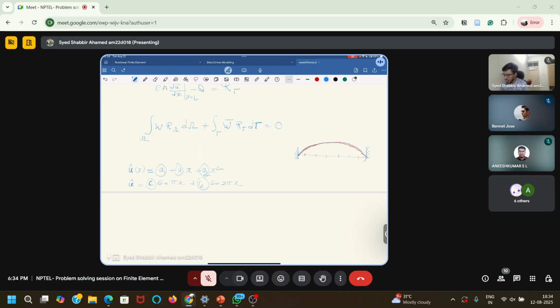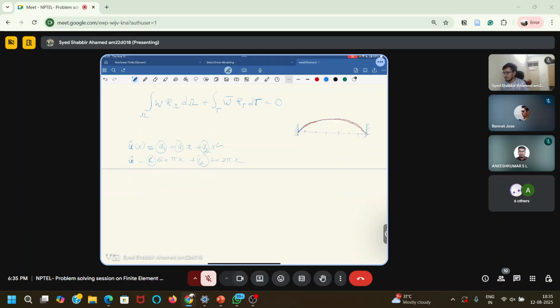If you put those coefficients here, that will be your approximate solution. The only thing we have to estimate is these coefficients. So in approximate methods, the problem boils down to finding these coefficients. In weighted residual, there are two forms which we can use.